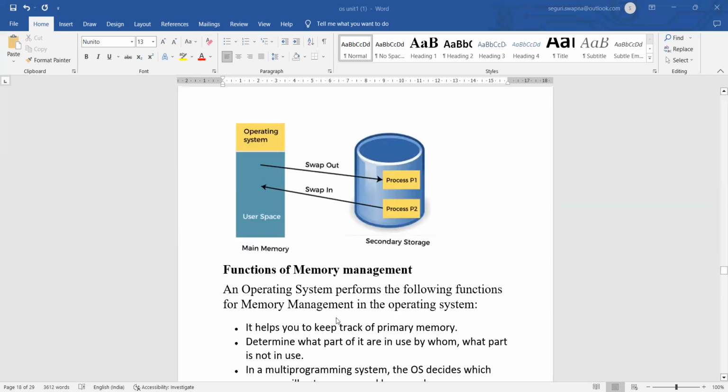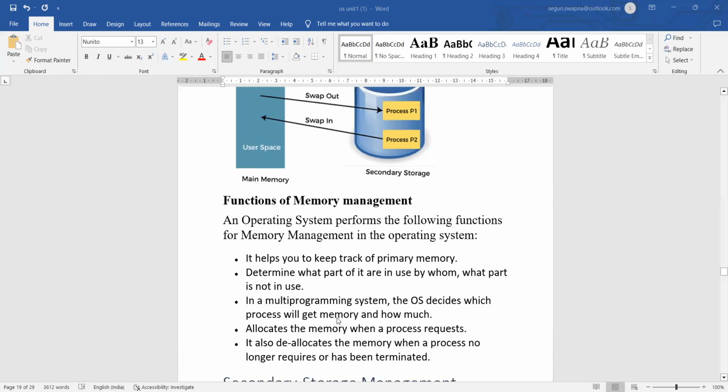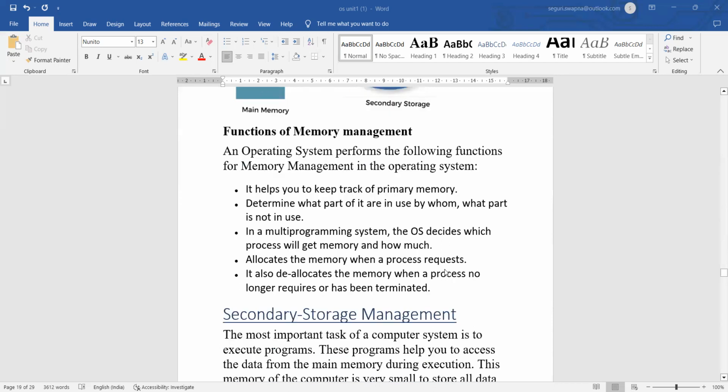The main function of this memory management component is to keep track of all the processes in the memory and to execute them. In case of multi-programming, the operating system decides how much memory is to be allotted to a particular process. It allocates the memory to the process, and after completion, it deallocates the memory from the process. This is the function of the main memory management in the operating system.